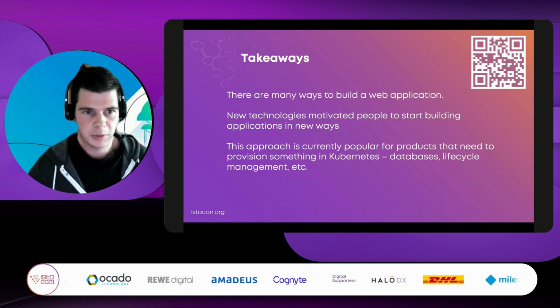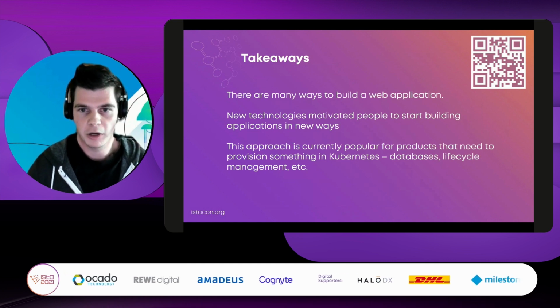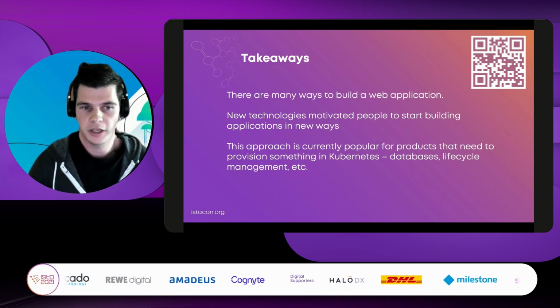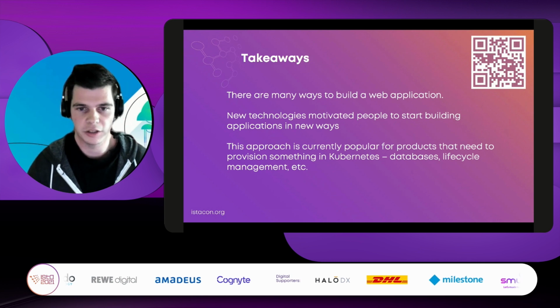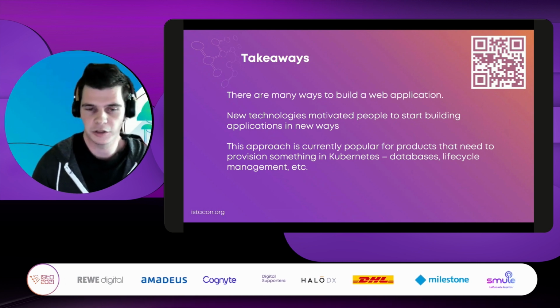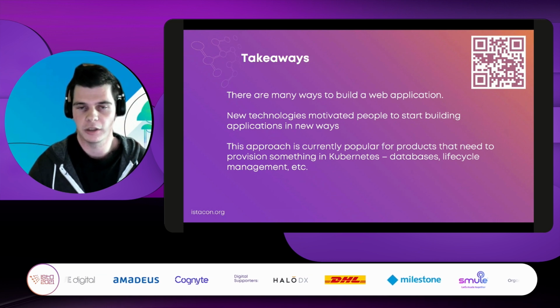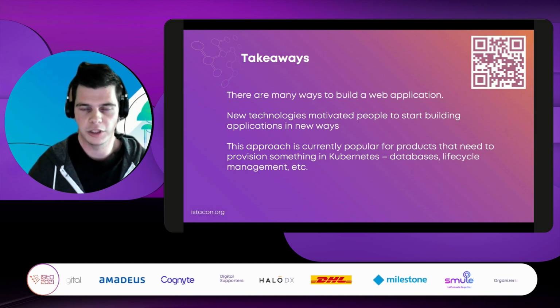Now, this is the end of the presentation, and if there's something to take away from this, it is that there are many ways to build a web application nowadays, and new technologies like Kubernetes motivate people to start building applications in new ways. Of course, this approach is not without its negative sides.